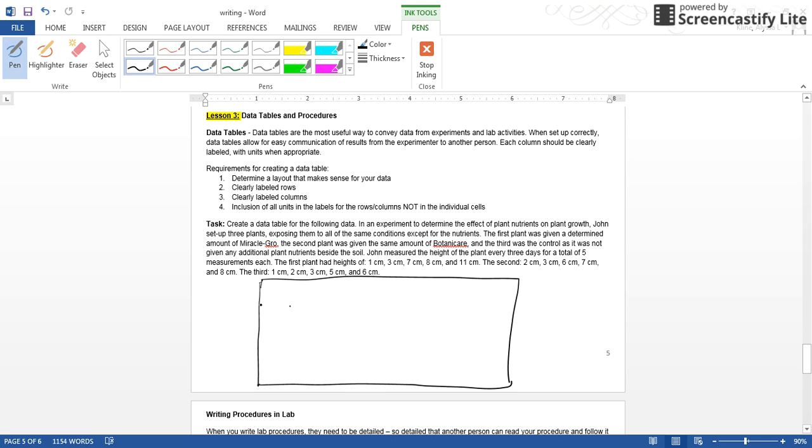All right, so we're going to label these here. So I'm going to make this the day. All right, so we've got 3, 6, 9, 12, and 15 because it was every 3 days. All right, I'll make spots for all of these.